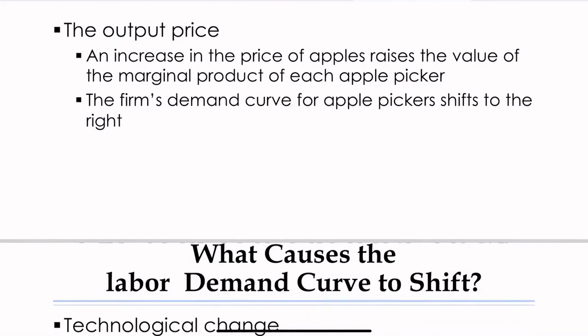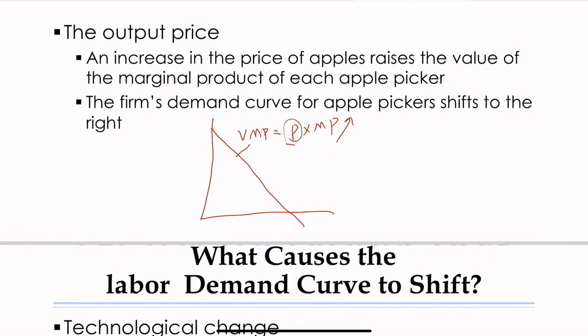Well, because we know that the firm's demand curve is determined by value of marginal product, which equals price times marginal product. So you can see that if price increases, then value of marginal product increases. It means the demand curve will shift to the right.